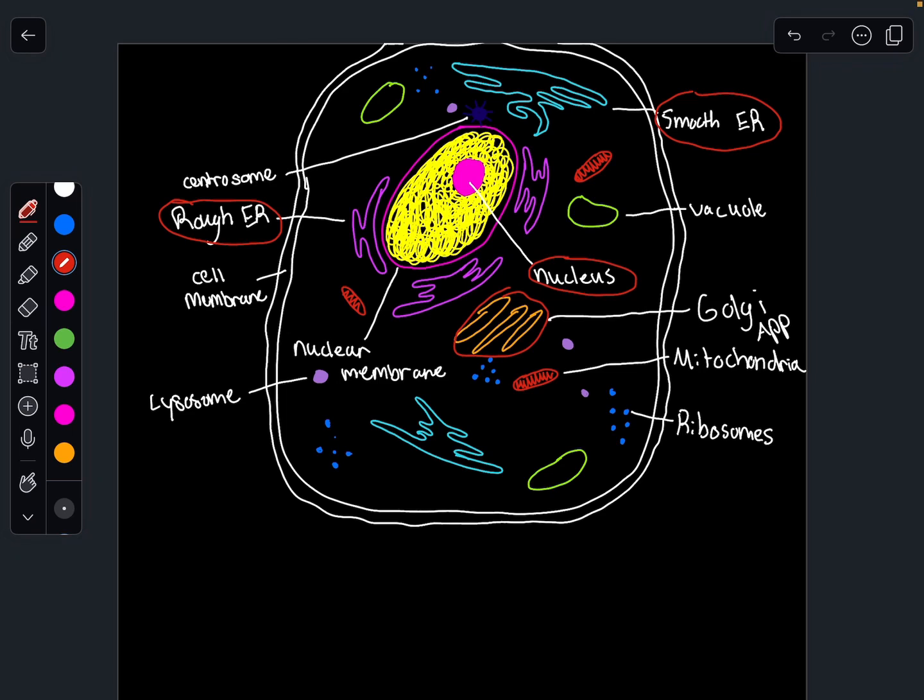And for synthesis, in plant cells it's different, but it's the site for synthesis of complex polysaccharides needed for the cell wall, and it's also involved in lipid metabolism and the synthesis of molecules like glycolipids and glucose.